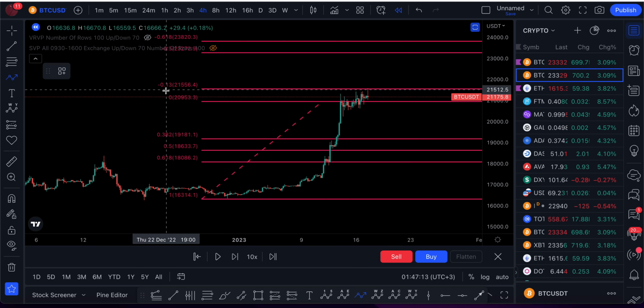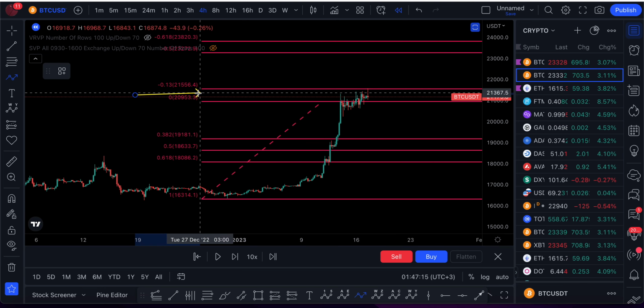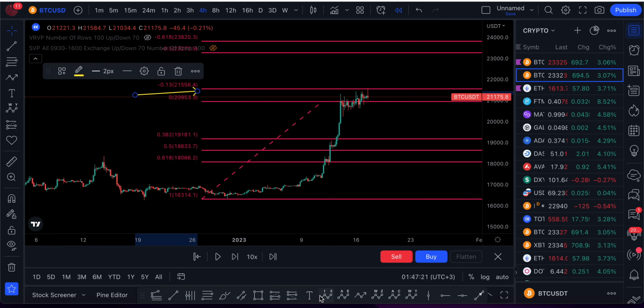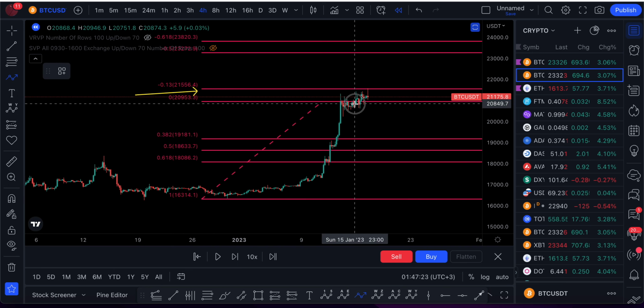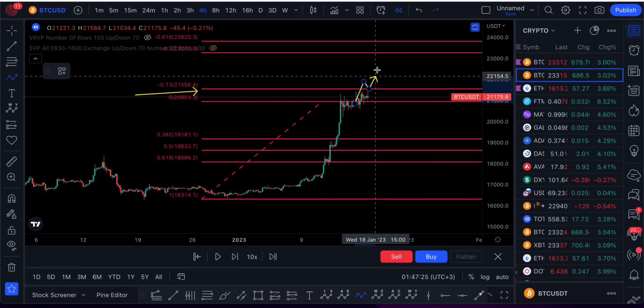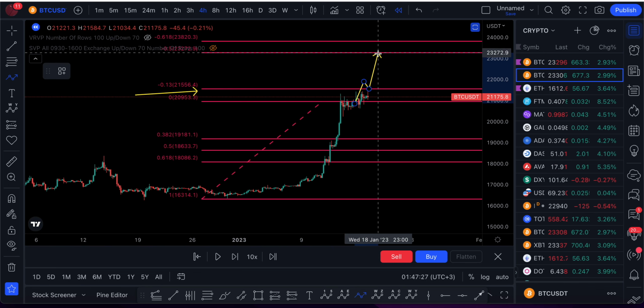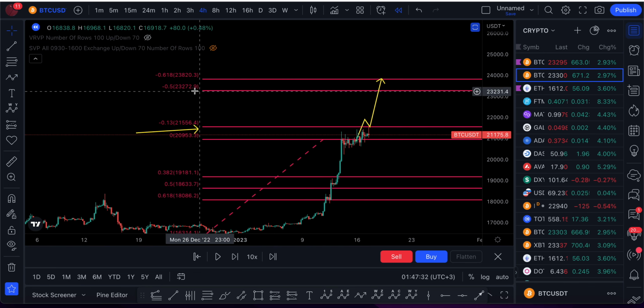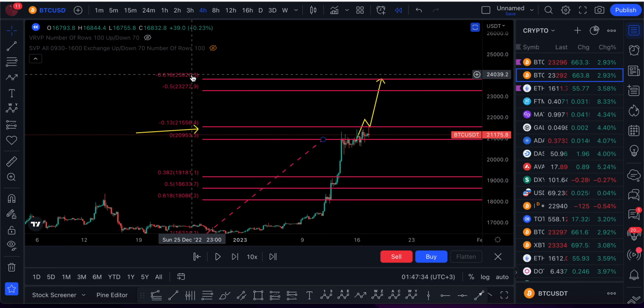So I'm mostly interested with the price interaction with the 0.13. I would like to see price find support above the 0.13, and my target will be the 0.5 or the 0.618, which is 23,000 and 23,800.